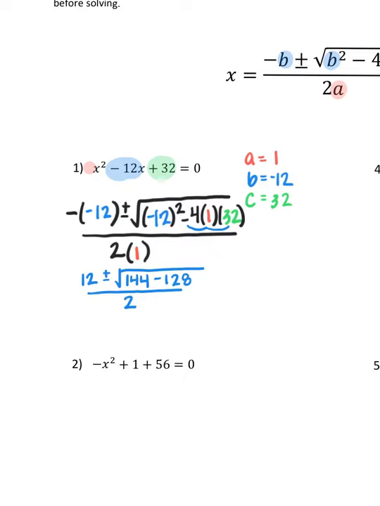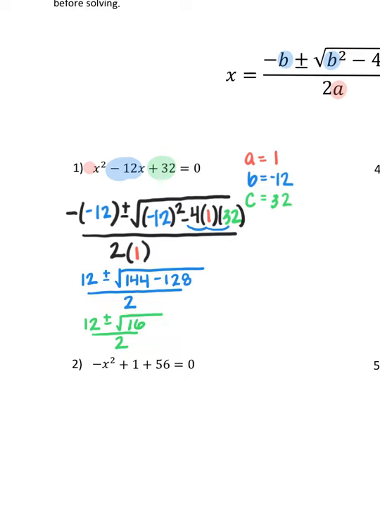Now let's simplify what's under the radical. So we have 12, that stays the same, plus or minus the square root of 144 minus 128. So 144 minus 128 is 16, all over 2.